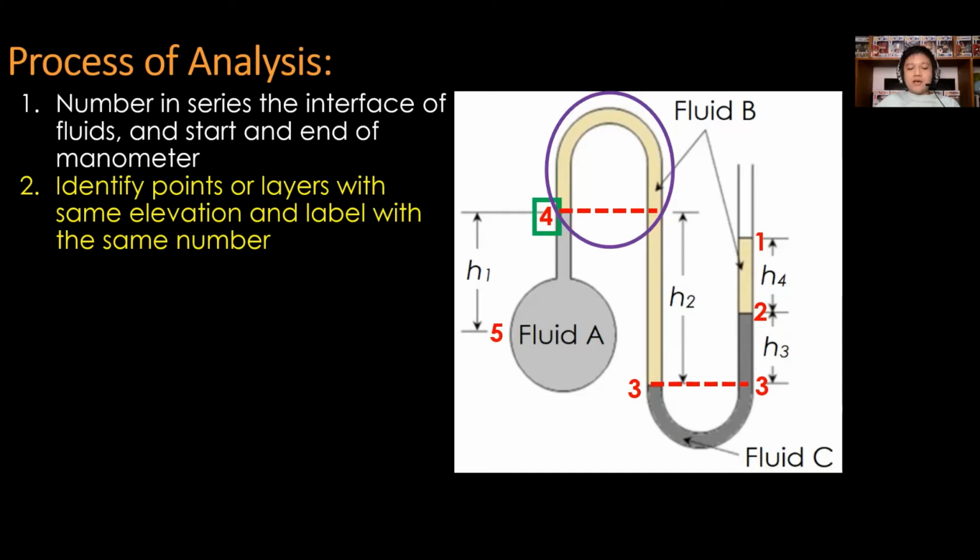It intersects same fluid and only one fluid within the manometer, that is fluid B only. Therefore, qualified, and mark the other end as the same point, point number 4. Last is point 5. And for point 5, it failed to satisfy the two criteria.